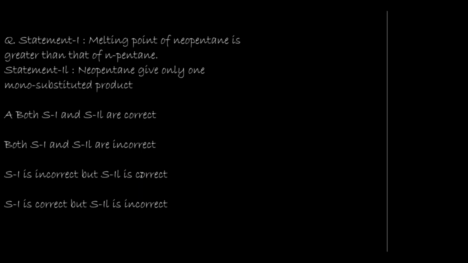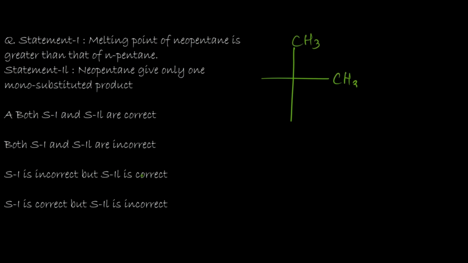Then statement 1, melting point of neopentane is greater than that of n-pentane. And statement 2, neopentane gives only one monosubstituted product. So first of all, what is neopentane? Neopentane is something like this, right?